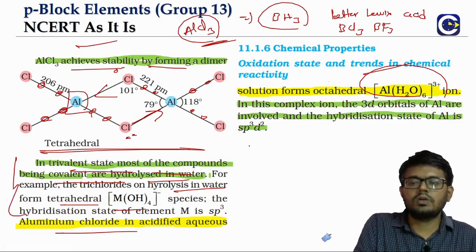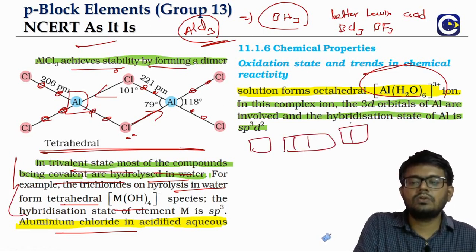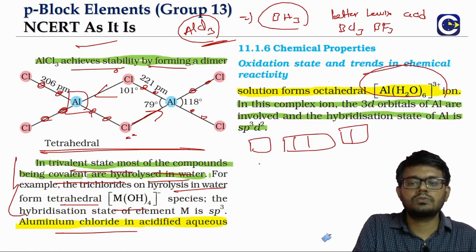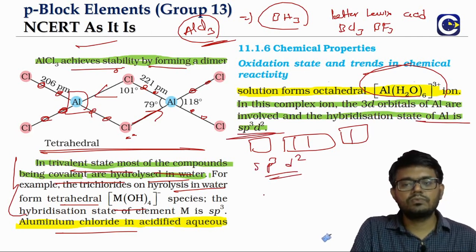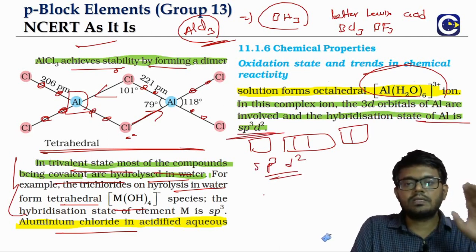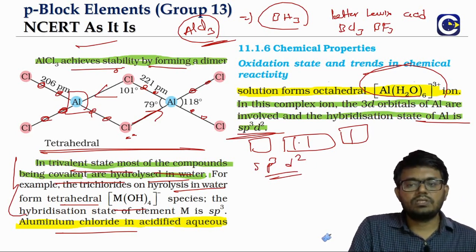It will use 1s orbital, 3p orbitals, and we will require 2 d orbitals. Then only it will form 6 bonds. So the hybridization of aluminum in this case will be sp3d2. Just refer to the hybridization concept in chemical bonding, how we arrive at the hybridization of the central atom.